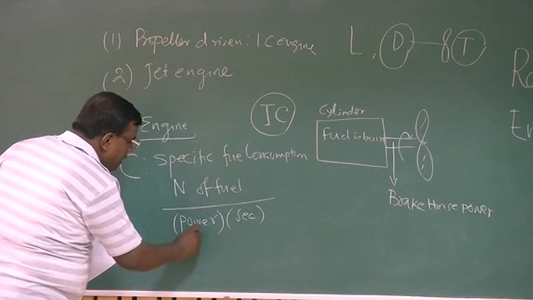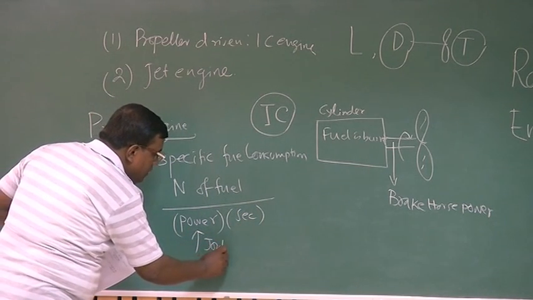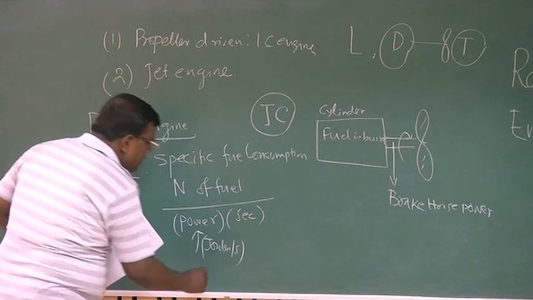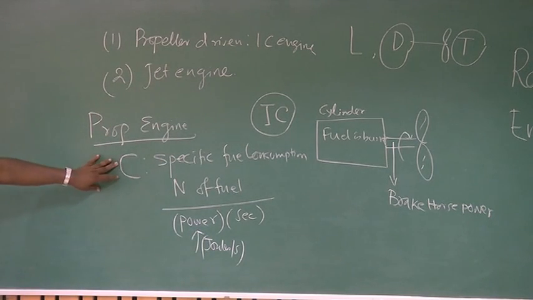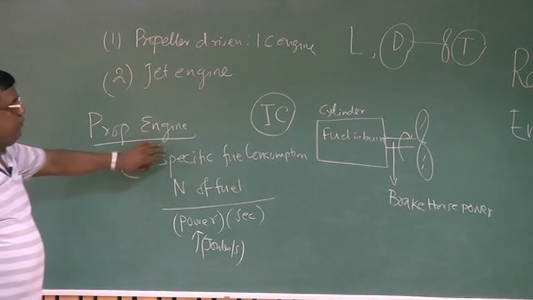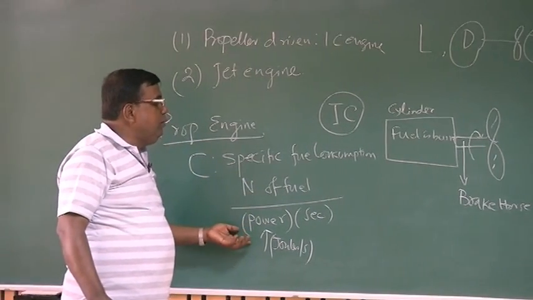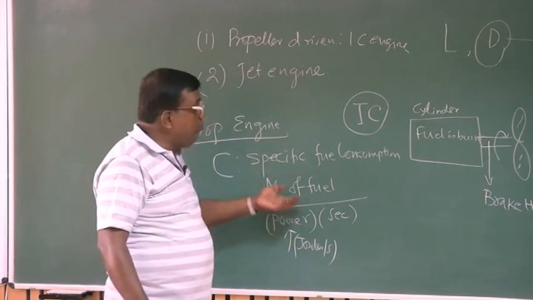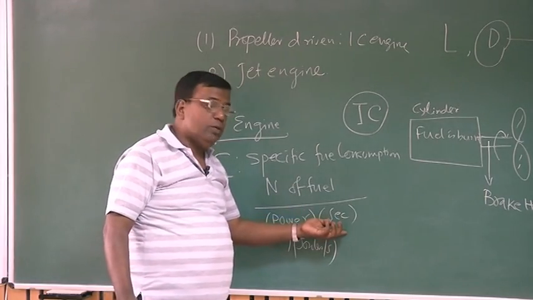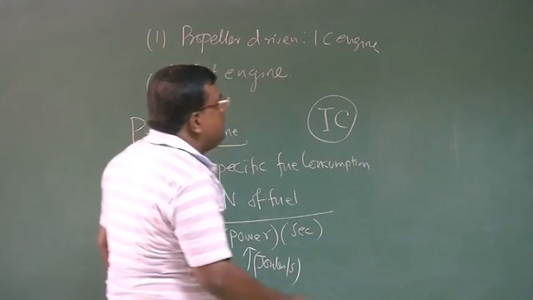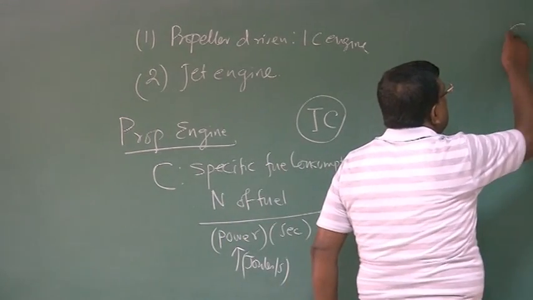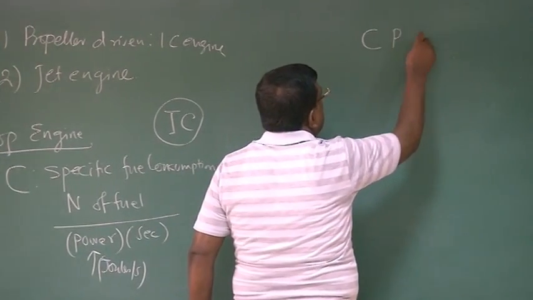That is, for power, I will write joules per second. So if I try to see dimensionally what specific fuel consumption is, it is the Newton of fuel consumed per unit power, which is joules per second, per unit time, second, right? Now let us try to understand what Cp dt is.